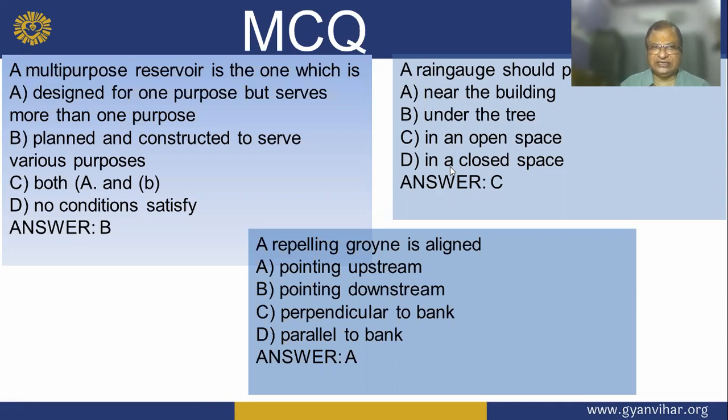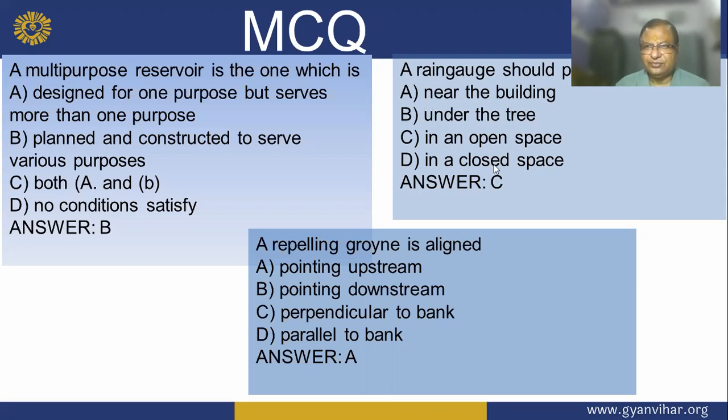MCQ 1: a multi-purpose reservoir is the one which, what is the answer? Answer is B, planned and constructed to serve.